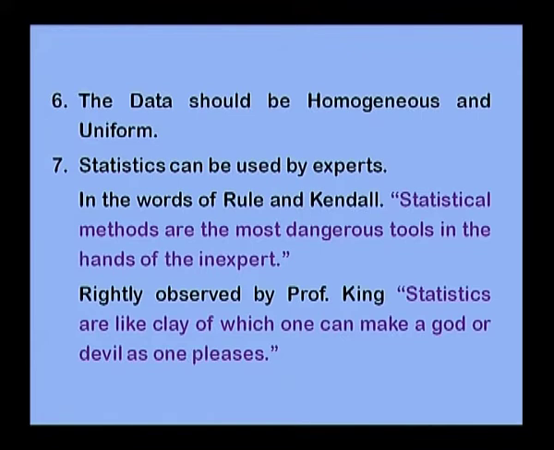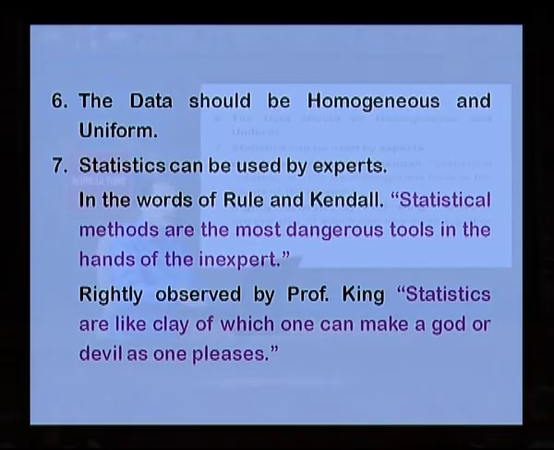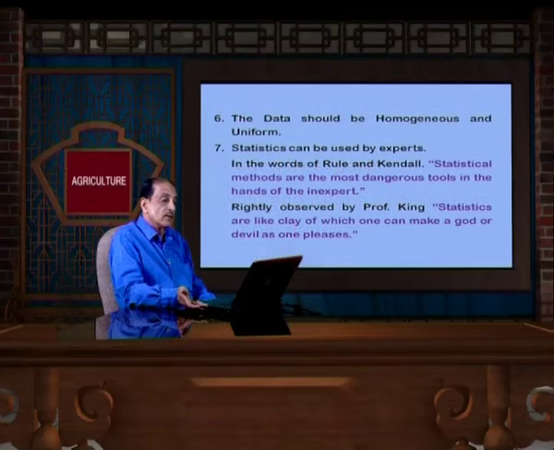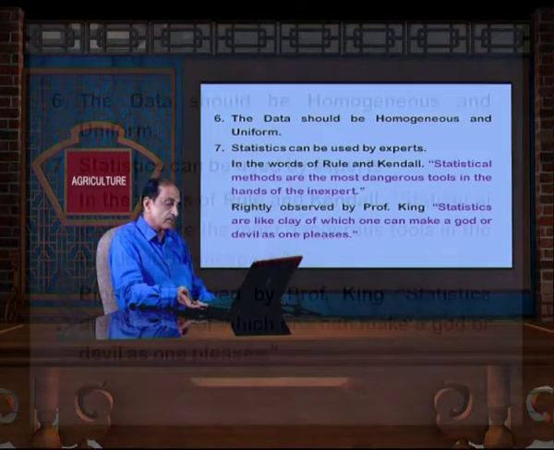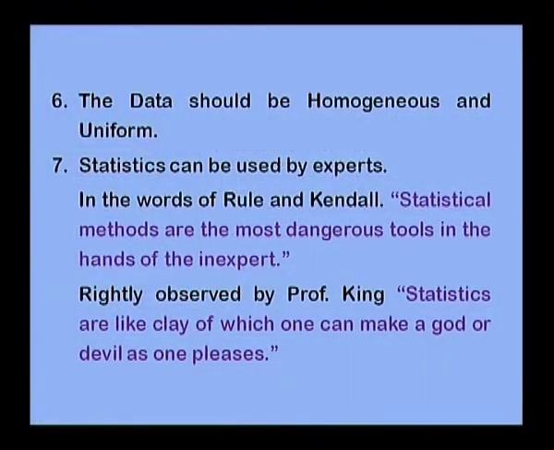This means an expert can use the methods in the right manner, but if the methods are used by a person who is not expert in their use, then the results drawn will not be 100% correct. Now, in this connection, it has been rightly observed by Professor King: statistics are like clay of which one can make a god or devil as one pleases.